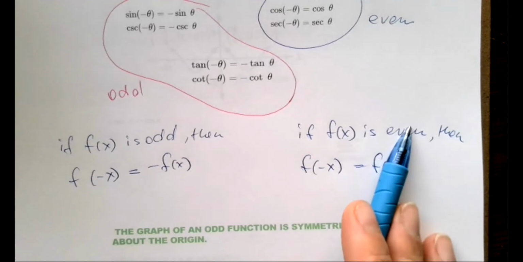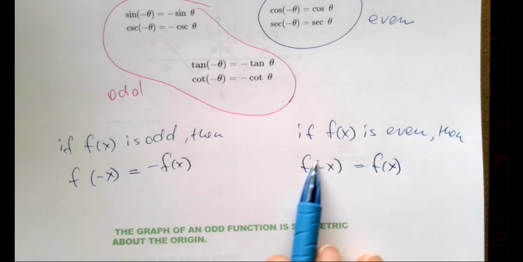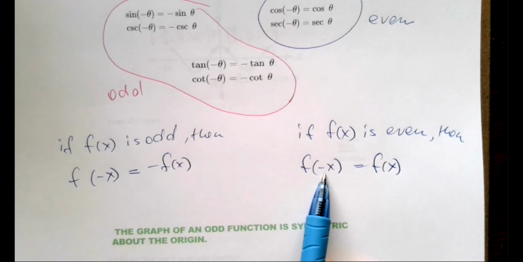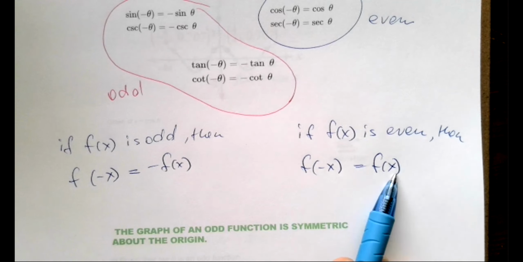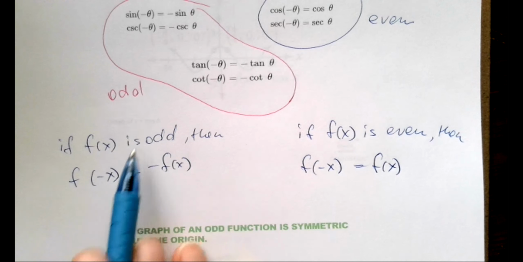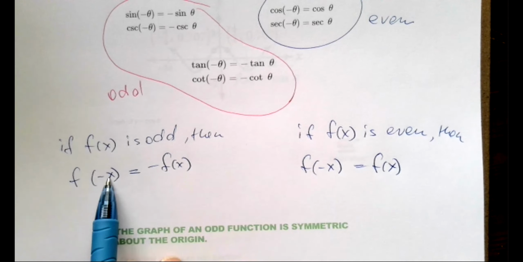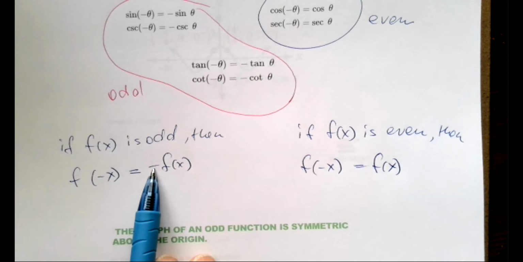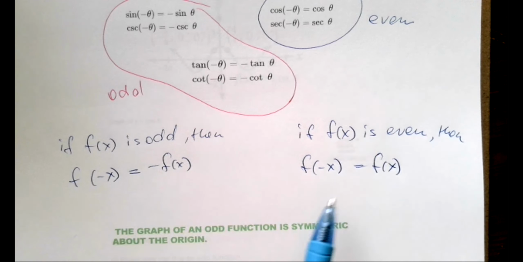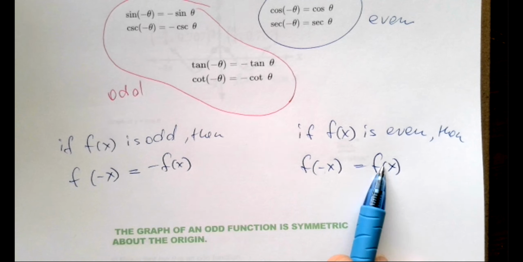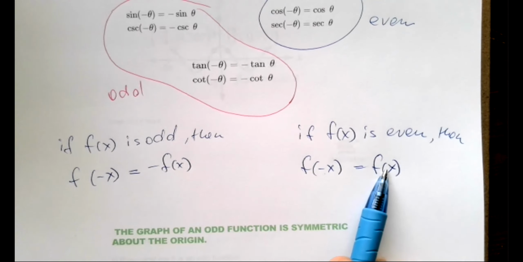Basically, the even function absorbs this negative sign inside of it. So on the output, it's still going to be positive. For the odd function, you put the negative inside, you get the negative on the outside. For the even function, if you have the negative inside, it does not affect the outside at all.